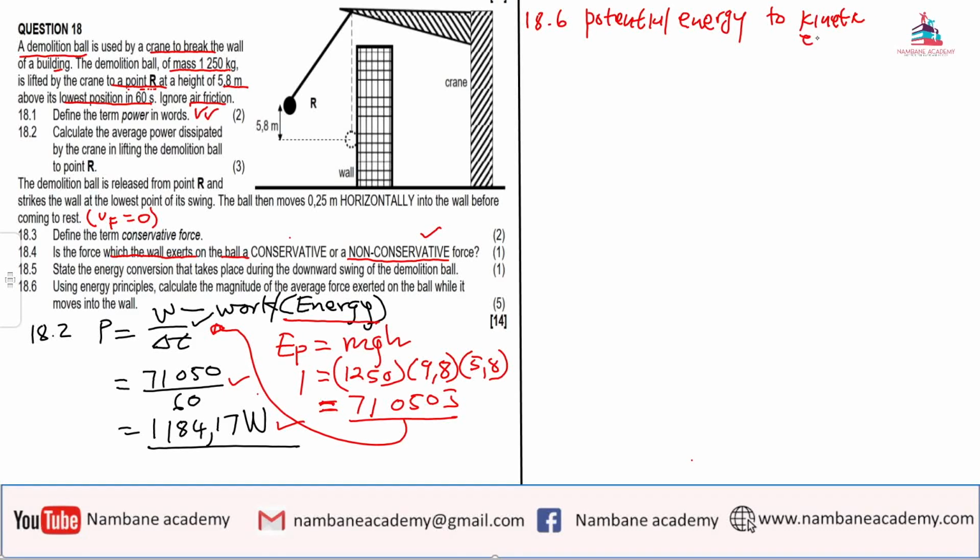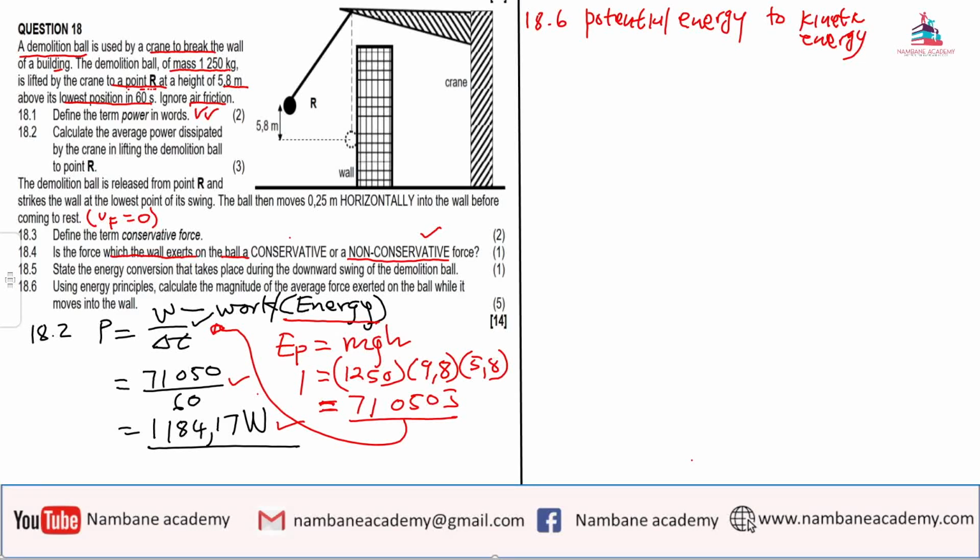That is now very easy to understand, because remember, the demolition ball was hanging 5.8 meters above, and then it was released, it started moving, and after it has started moving, it is changing its potential energy to kinetic energy.